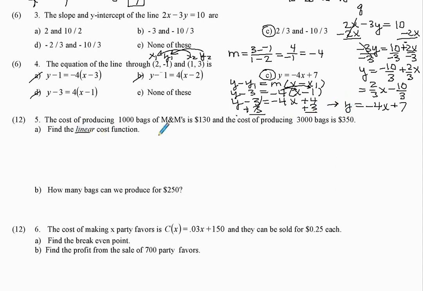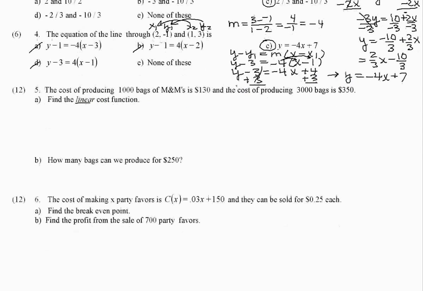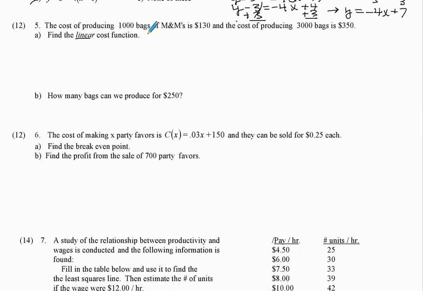So I'm telling you it's a linear cost function, so right away we know that our cost here, c of x, is mx plus b. So we just need to find the slope and the y-intercept. And remember the way that you do that, you start off, you need an x value and a y value, a couple of them, and your y value is your c of x, your cost.